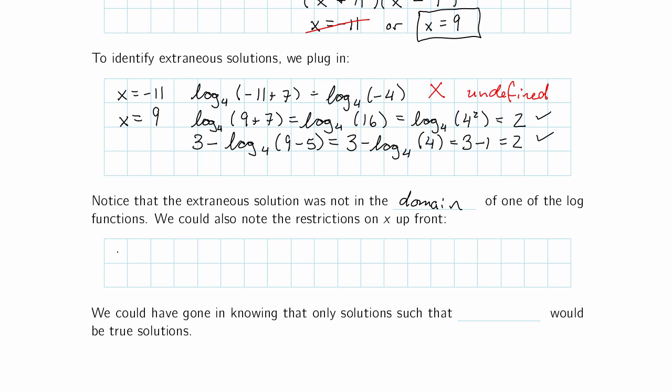So we need x plus 7 to be greater than 0. That means x needs to be greater than negative 7. We also need x minus 5 to be greater than 0. That's the other argument of a log. So we need x to be greater than 5. We need both of these to be true.